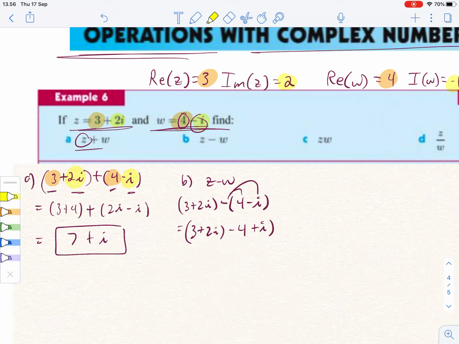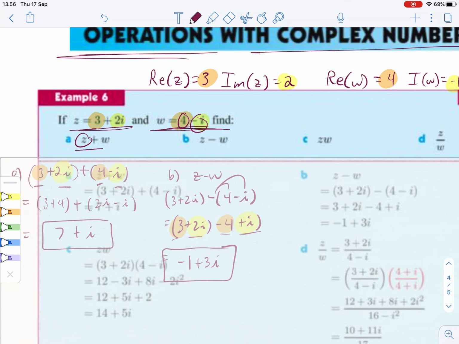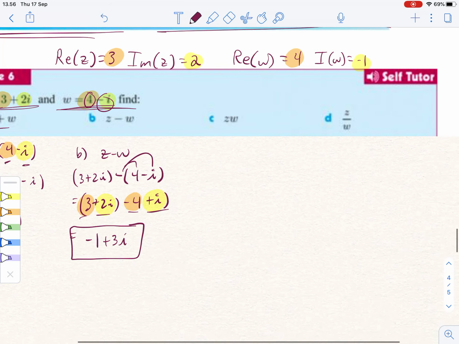Now again, I want to combine my imaginaries and combine my reals. So 3 plus -4 gives me a -1. 2i plus i gives me 3i. So -1 plus 3i is your final answer. So again, in addition and subtraction, you just want to add and subtract your real and imaginary parts.